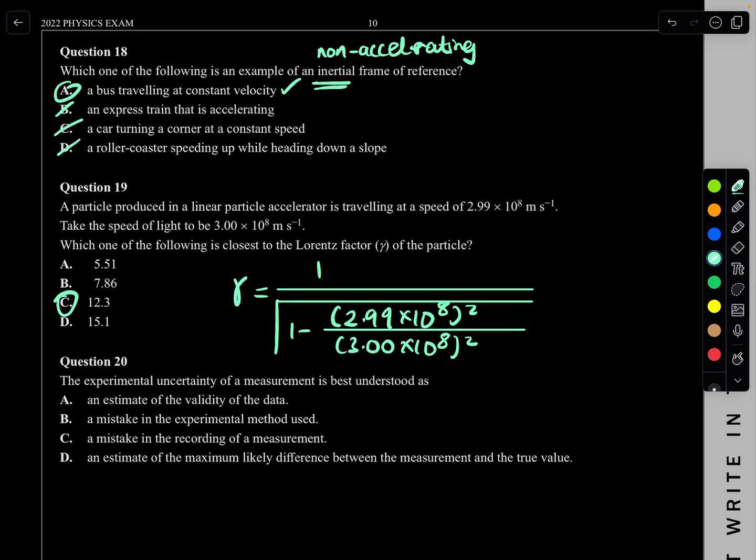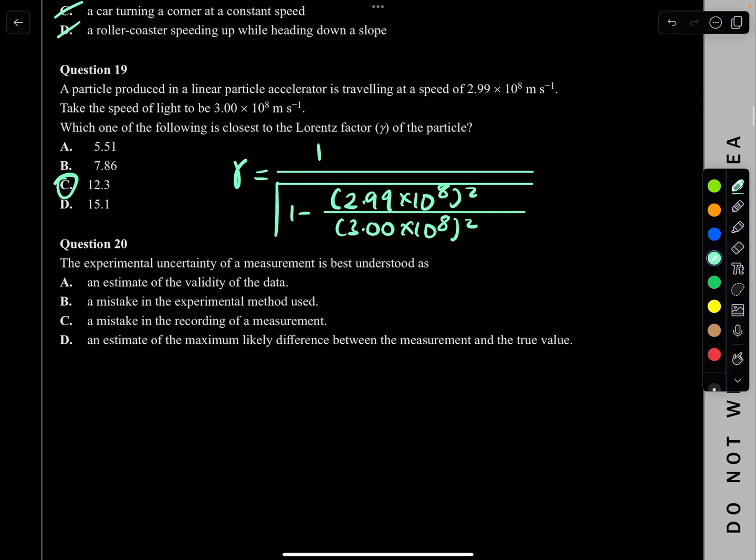Yep, that was good. Question 20. The experimental uncertainty of a measurement is best understood as what? An estimate of the validity of data. When we're talking about validity, is this experiment valid? Does it answer the aim? Does it follow the method and all that stuff? Really, what does that have to do with uncertainty? So that's wrong.